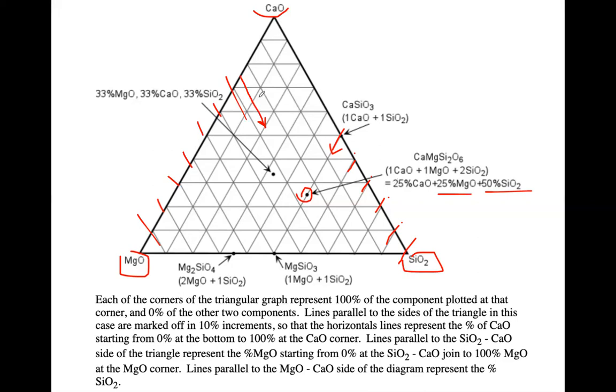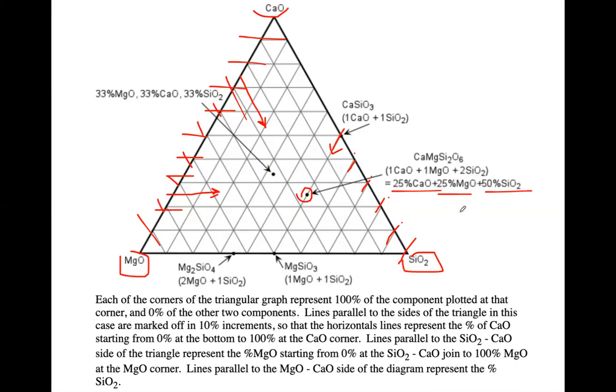Calcium should be again 90, 80, 70, 60, 50, 40, 30, 25, right? Because this is 20, so 25 is here. So you have 25 calcium.